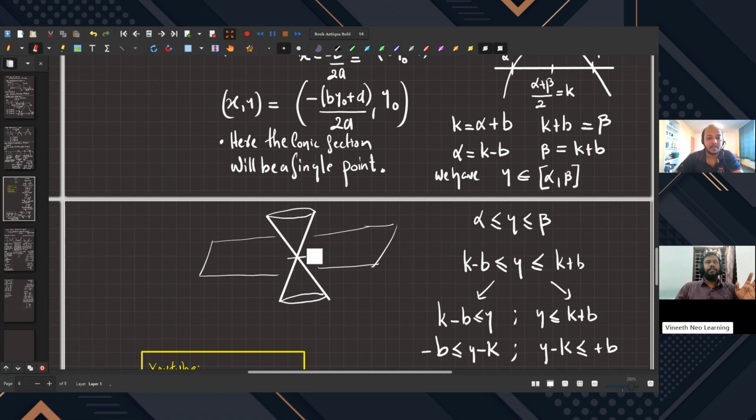Here the cone and the plane meet at a single point. What about crossing lines? When it cuts vertically through the middle. Let me draw a cone here, with the crossing lines cutting into two cones.